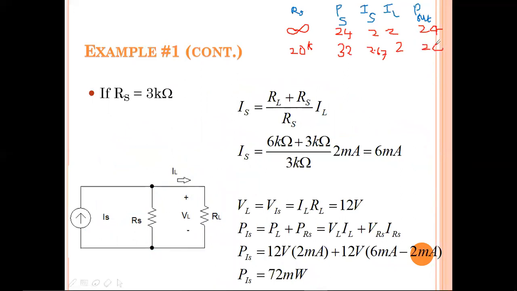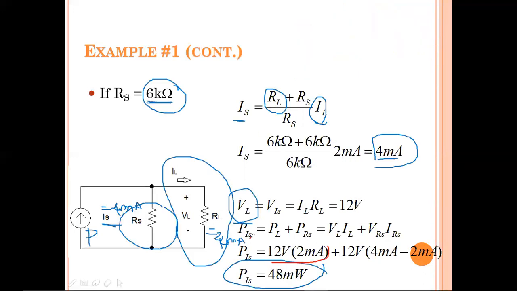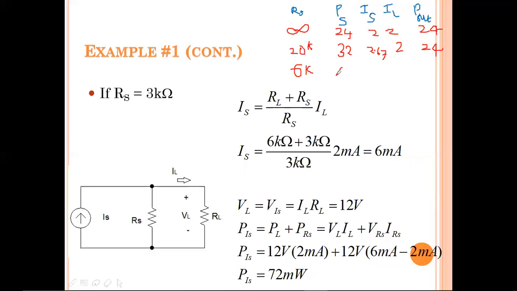Next, I change the resistance from 20 kilo ohms to 6 kilo ohms. For this, what about my input power? It changed to 48. What about my input current?